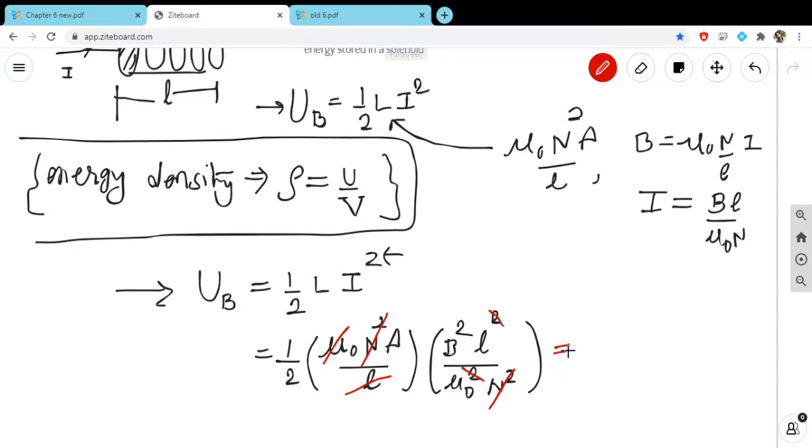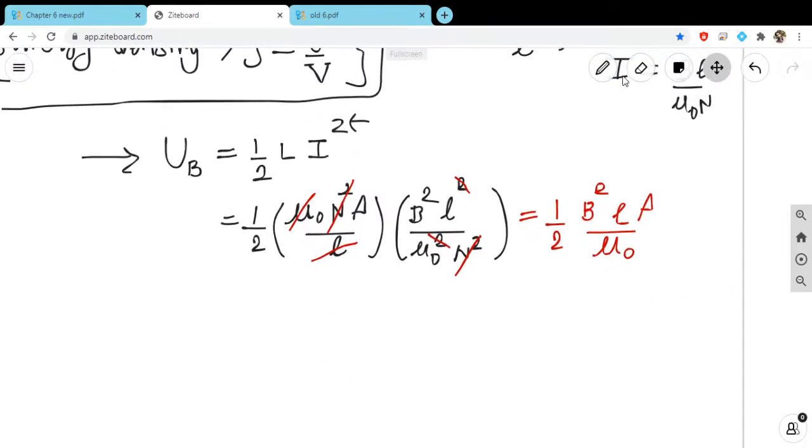Okay, so our equation is half B square, here is L, here is A, and mu naught in the division, okay, this is the remaining portion of the equation above.